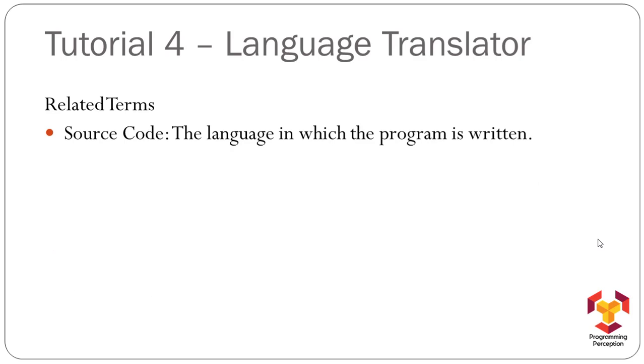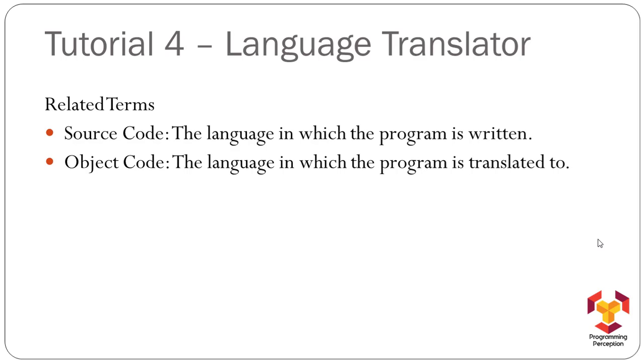Now before we move on and study each of these language translators, let's talk about a few related terms, like source code. The language in which the program is written is the source code. So if we have written our program in C language, then our source code is in C language.